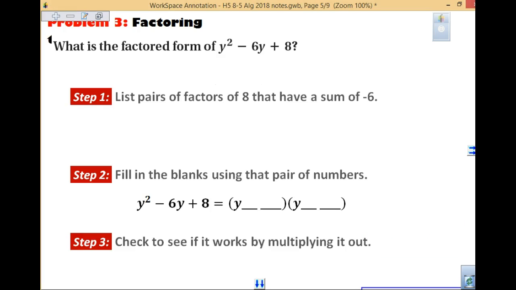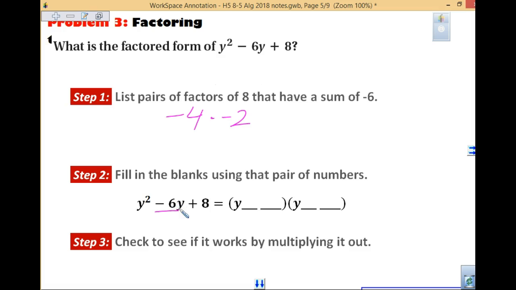So as we look at this next one, you're asked to list the pairs that are factors of 8 and sum to -6. So the first thing you might be thinking of is factors of 8. Negative 4, -2, right? Negative times negative, that gives me positive 8, and that adds to -6.